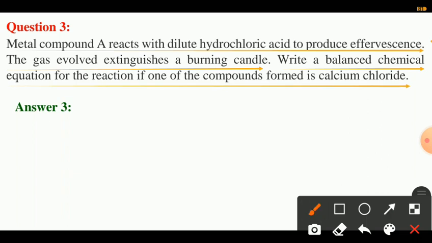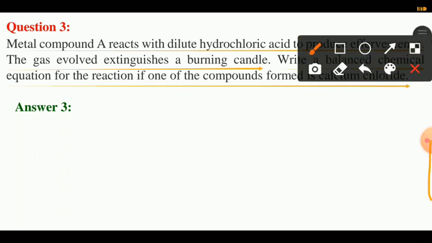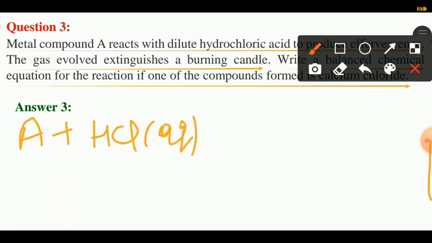So here, first of all, we will write about what is given in the question. In the question it is given metal compound A. So metal compound A is reacting with dilute hydrochloric acid. Dilute hydrochloric acid means it is aqueous.